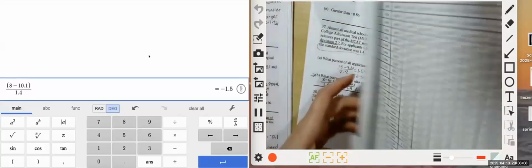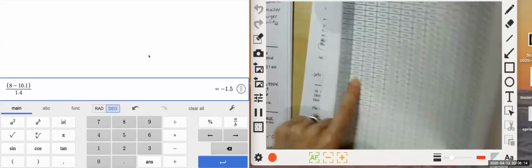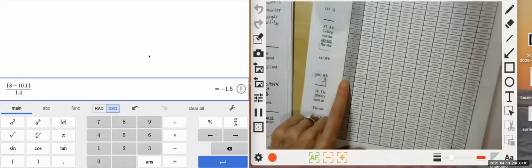So now I have to go to the other side, negative 1.5, and it's just negative 1.5, right? Nothing else? Yeah. So negative 1.5, 0.0559.